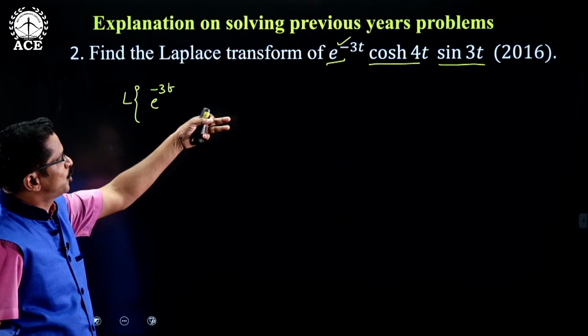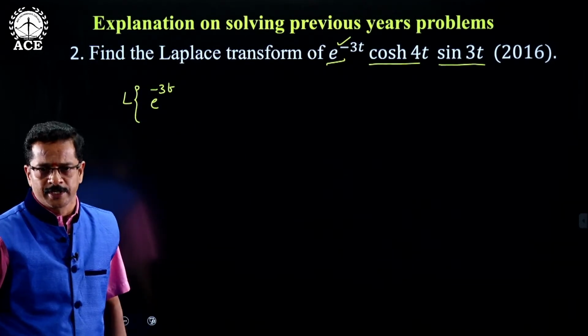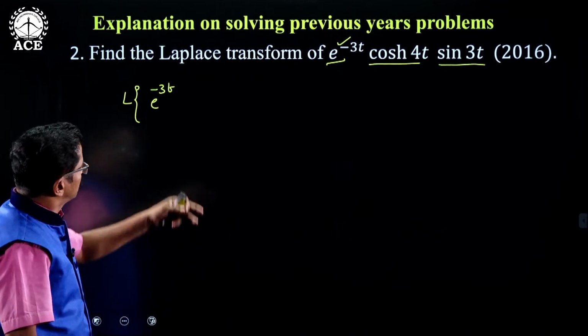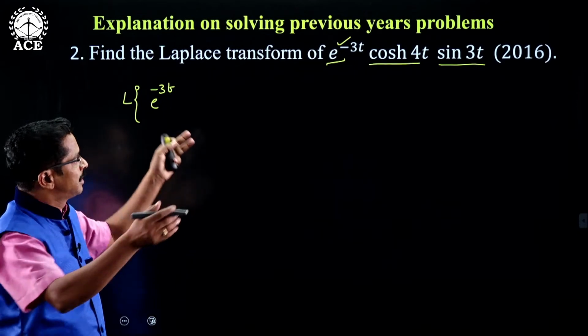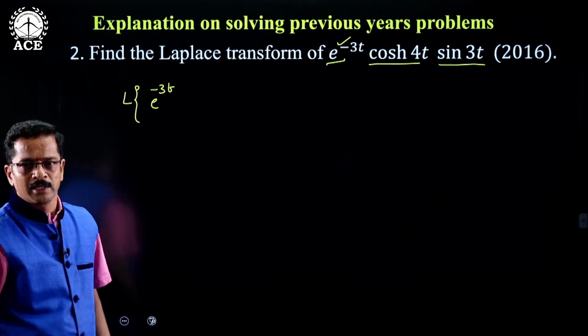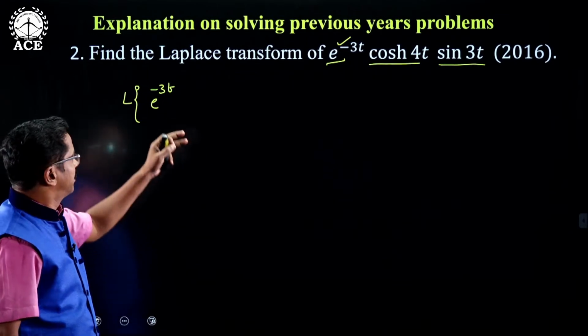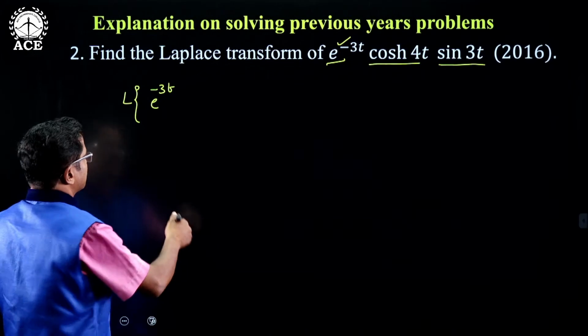Of course, e power minus 3t is there, so we identify this is an application of first shifting theorem. So now we need to simplify, as more number of functions are involved, make it simple. That is done by simplification.